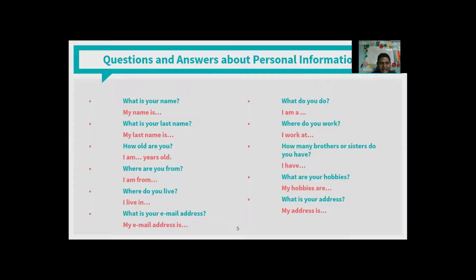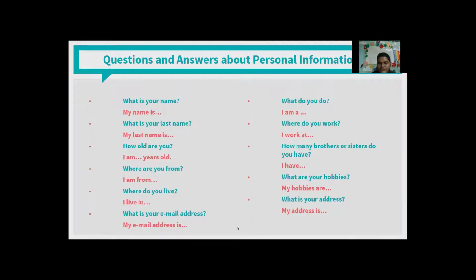Where do you live? I live in Nakaome. What is your email address? My email address is dponceaguilar at gmail.com. What do you do? I am a teacher. I am an English teacher. Where do you work? I work at the university.